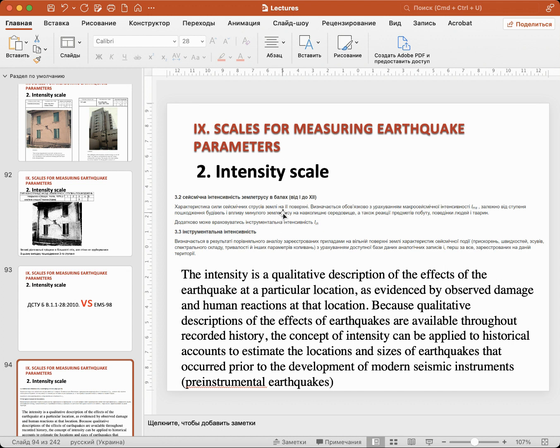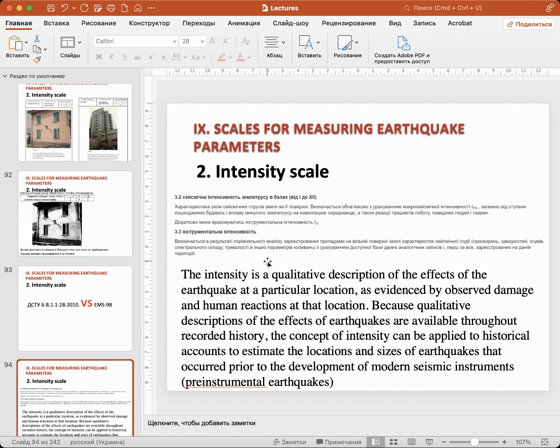When we talk about the EMS scale, they only say that the intensity of an earthquake is 10, 11, or 9.